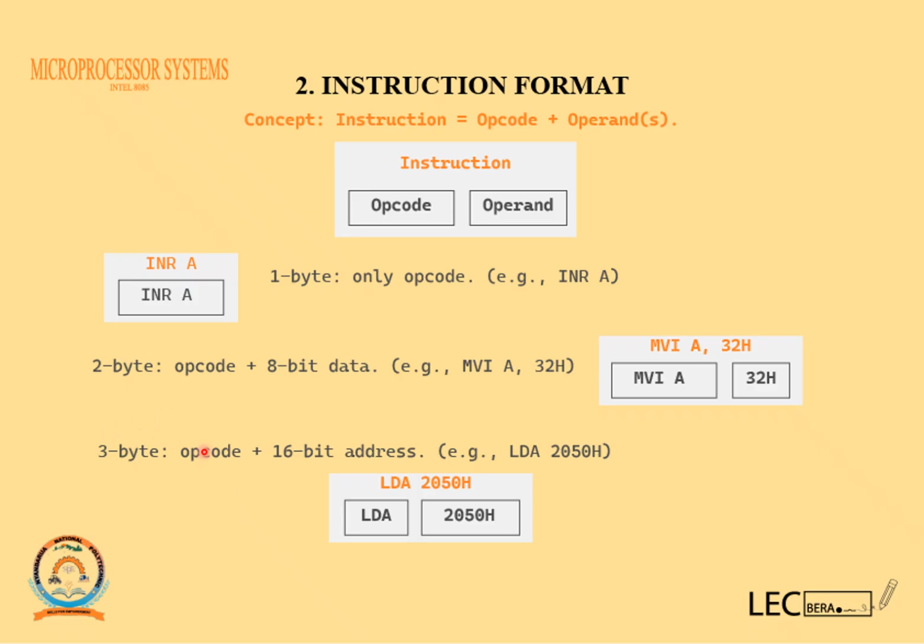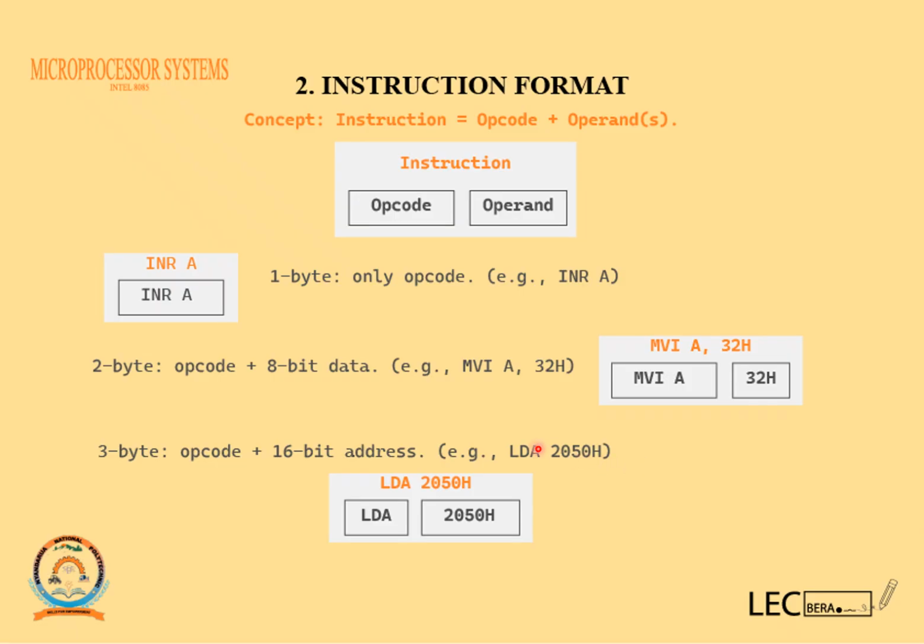And then we have a 3-byte instruction, that is an 8-bit opcode plus a 16-bit address. For example, we are loading the data in memory location 2050H to the accumulator. 2050H is an address, but a very big number, so we have to break this address into a higher byte and a lower byte.